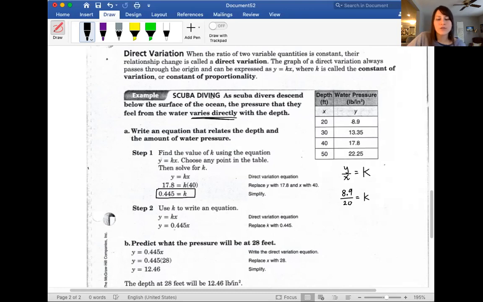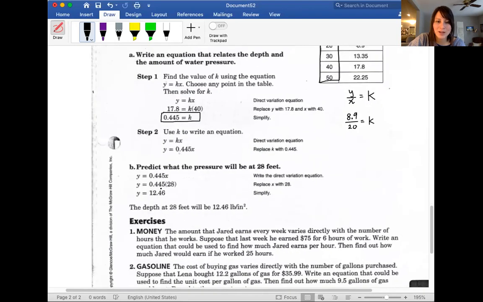So now if they said predict what the pressure will be at 28 feet, so we don't have 28 feet here, but we can use this direct variation to predict what the pressure, the water pressure, would be if the scuba diver went down 28 feet. And so we can plug 28 back into X and find out what the water pressure would be. And it would be 12.46 pounds per square inch of water, okay?